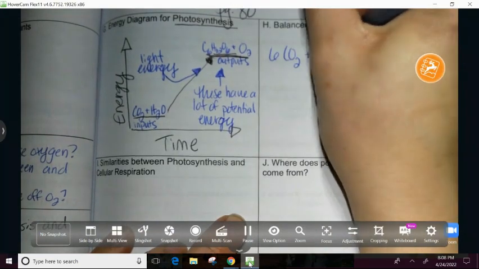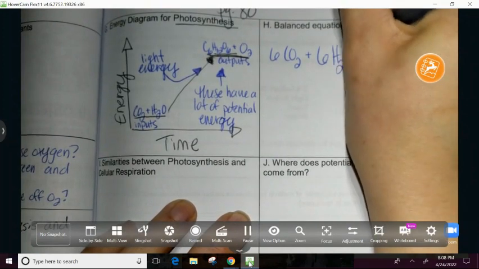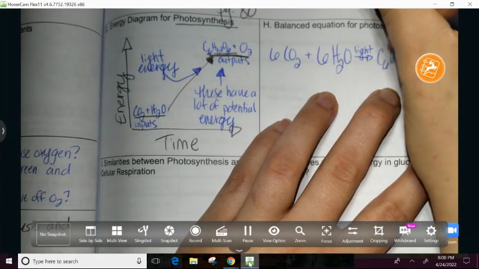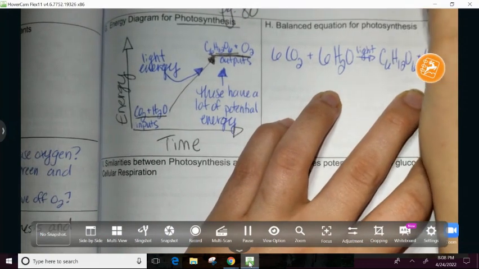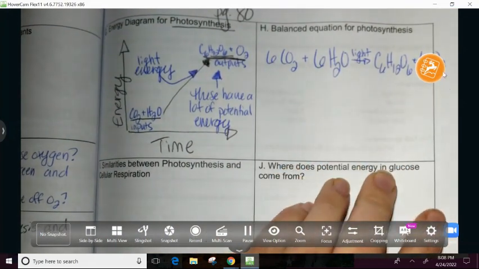So this is the balanced equation of photosynthesis. And then we're going to write out what all of these mean.